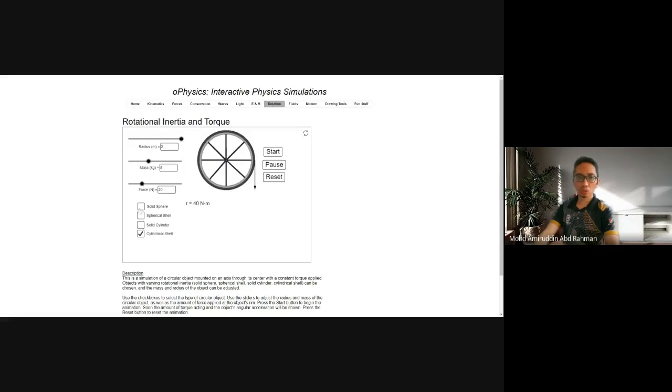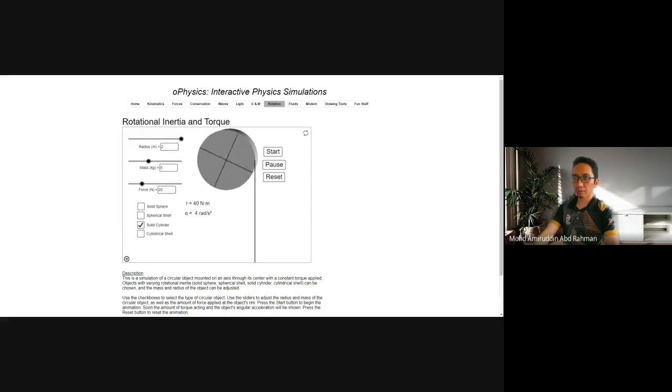You notice that when you have a different object, you have a different angular acceleration. So you need to answer question number 4 by observing yourself.